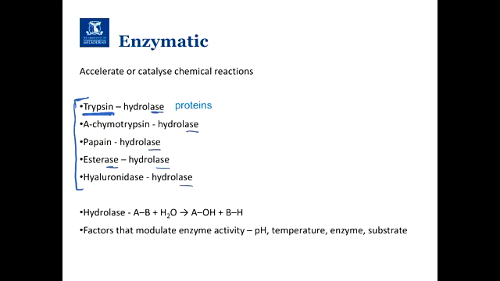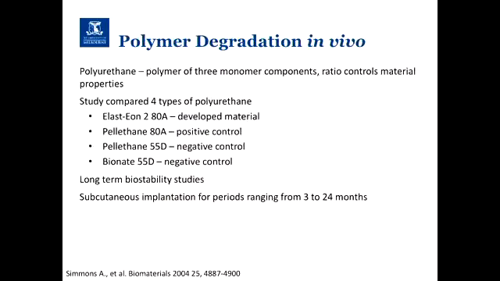By the substrate I mean what it is actually chewing up. For example, an enzyme in your stomach will have a different level of activity compared to an enzyme in your lower intestine. They have different pHs. The enzyme still may work at a different pH, but it won't be optimal, so it may not work as fast.